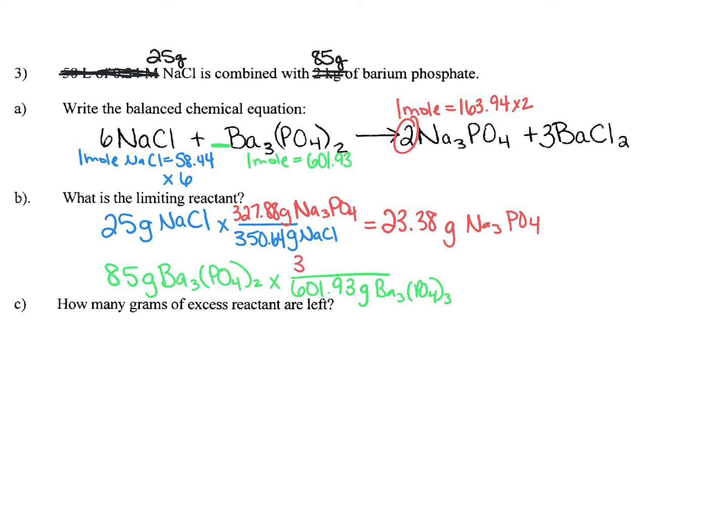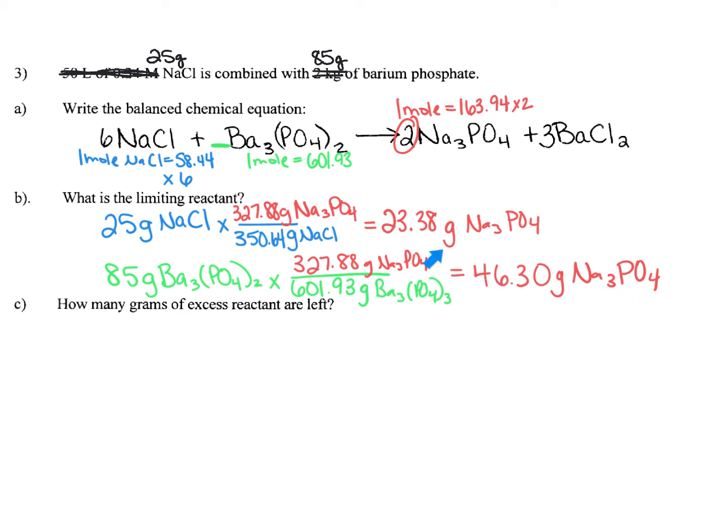Now, the same number, 327.88 grams of sodium phosphate, are going to go on top because that's the same material. I want to make sure that I'm going to the same product for each of my reactants. And so I find that that much of the reactant of barium phosphate can make 46.3 grams of sodium phosphate.